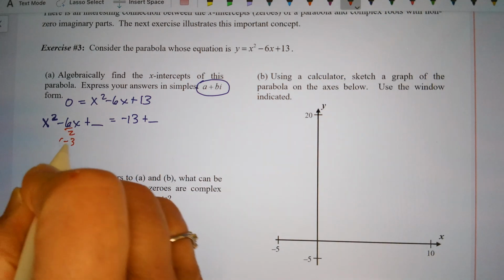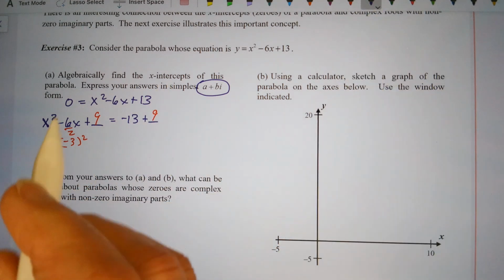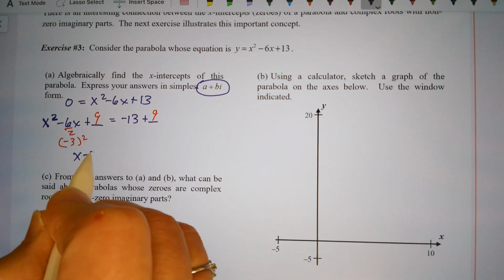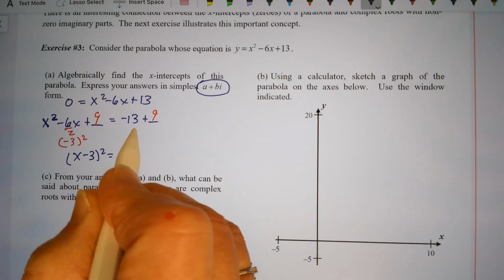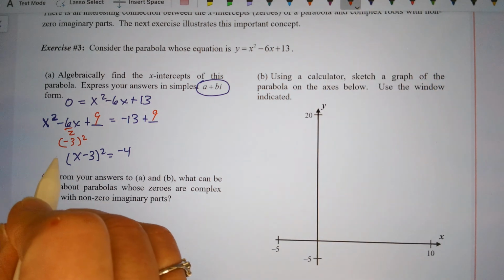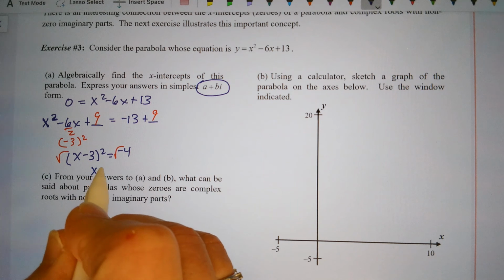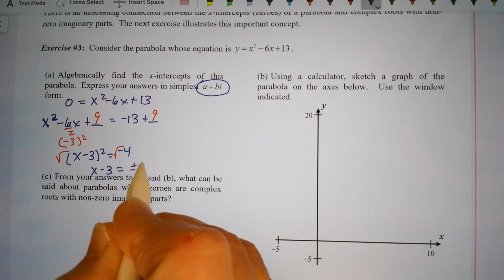Divided by 2, negative 3 squared is 9. So we have x minus 3 squared is equal to negative 4. Square root both sides. x minus 3 equals plus or minus 2i.